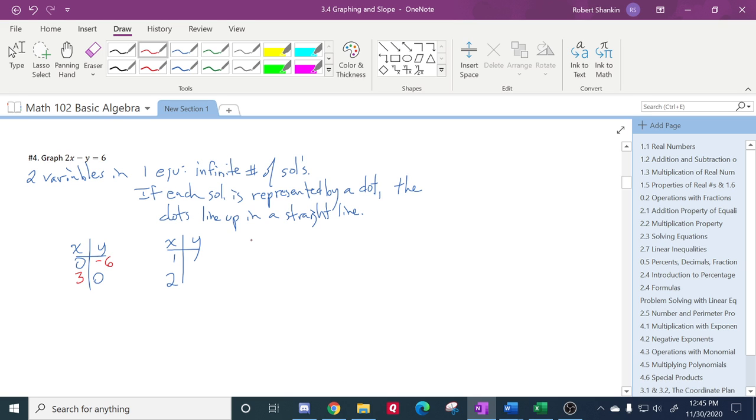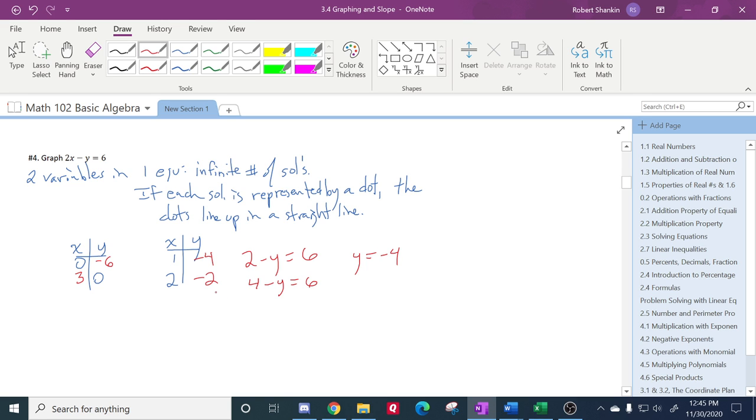When x is 1, you would have just gotten 2 minus y equals 6. And then y turns out to be not 4, it had to be -4. And for this one, if you plug in 2 for the x, you get the equation 4 minus what number is 6. It's not 2, but -2.